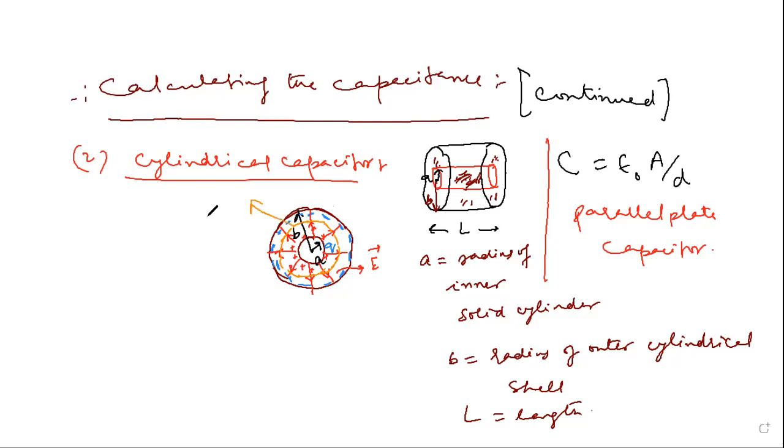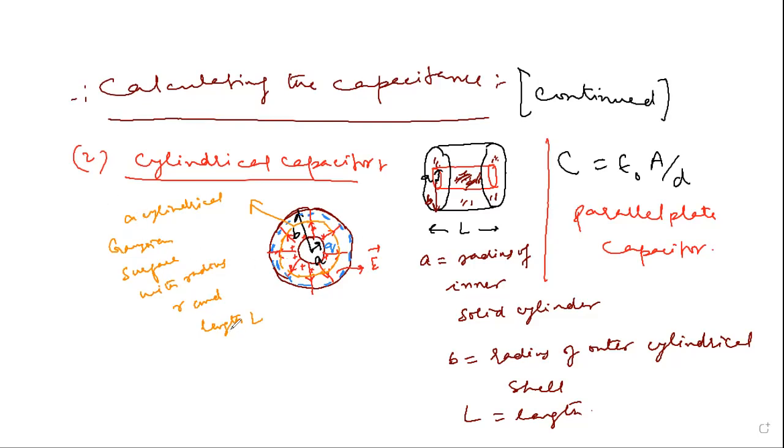This is a cylindrical Gaussian surface with radius r and length L. So it is enclosing the inner solid cylinder having positive charge Q on it, right?